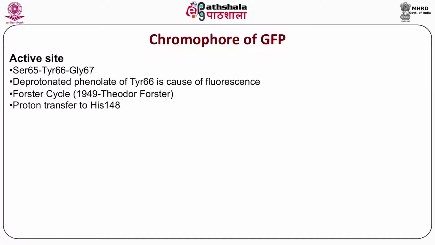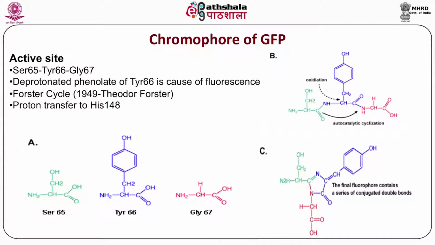You can see here that the deprotonated phenolate of tyrosine 66 is the real cause of the fluorescence, and the Forster cycle leads to the fluorescence properties, with proton transfer from histidine 148. You can see in the structure how the catalytic triad of green fluorescent protein is arranged in three-dimensional space.